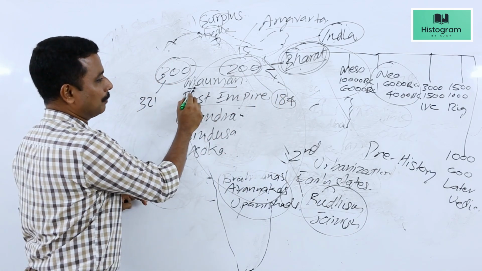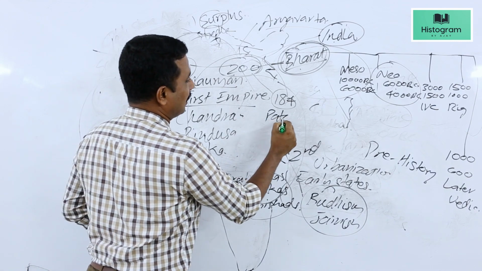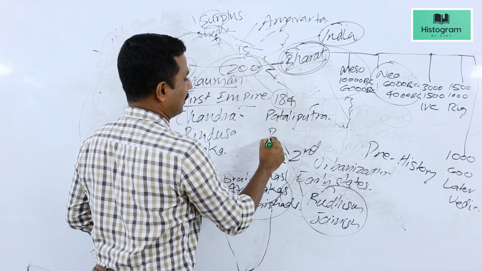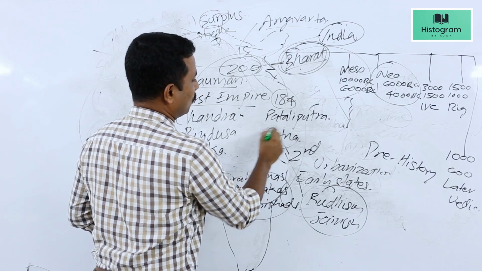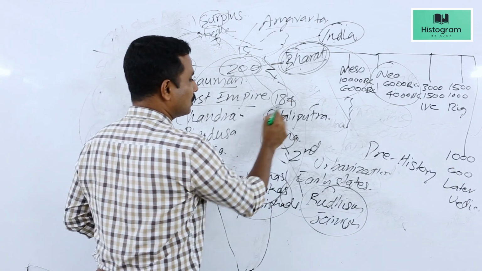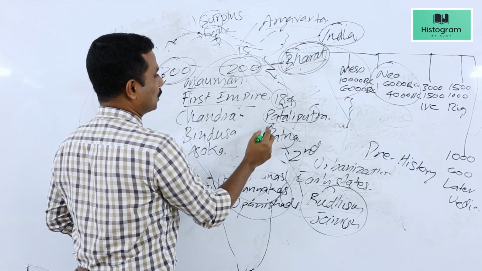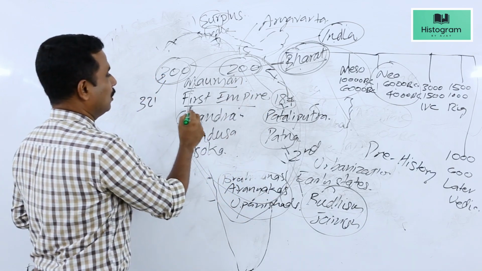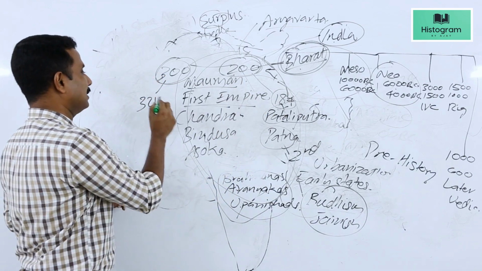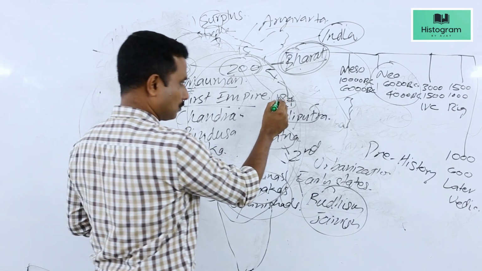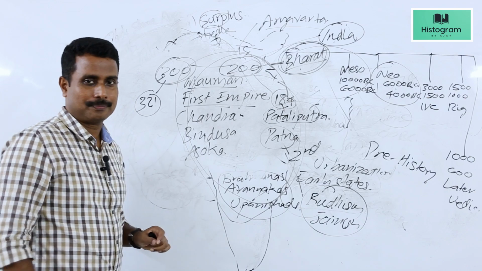The Mauryans built up their capital at Pataliputra, in present day Patna in Bihar. The name of Pataliputra now is Patna in Bihar. So this was their capital, basing at Pataliputra. The Mauryans constructed a big state, which we call the Mauryan Empire, and it existed from 321 BC to 184 BC.